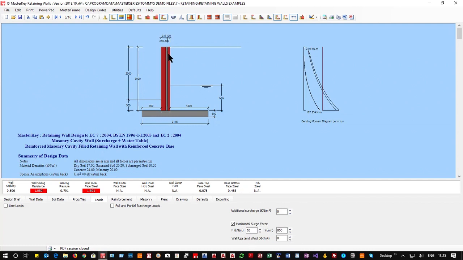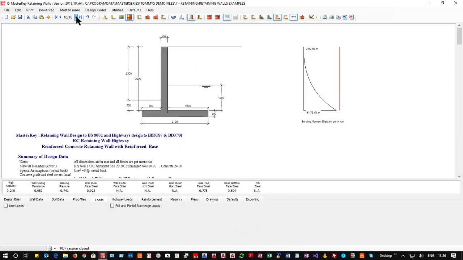So if we were bolting some sort of barrier up here, we could have our obligatory 10 kilonewtons at 850 up as a horizontal surcharge, giving us a pre-stressing wall on that. So let's get back. Now we've got a wall that looks pretty tame, but it's not.